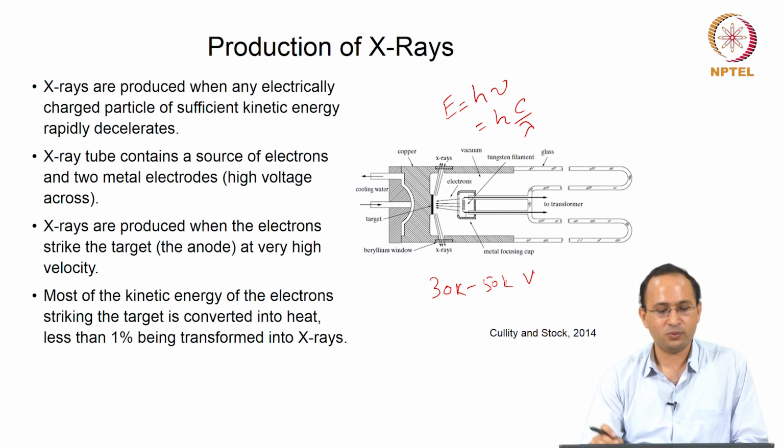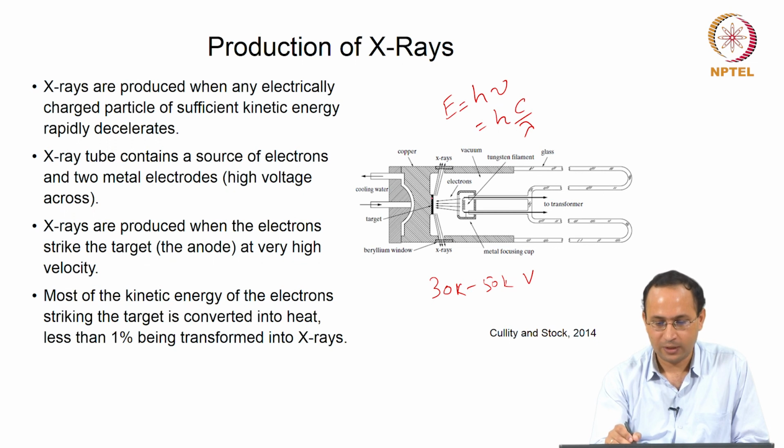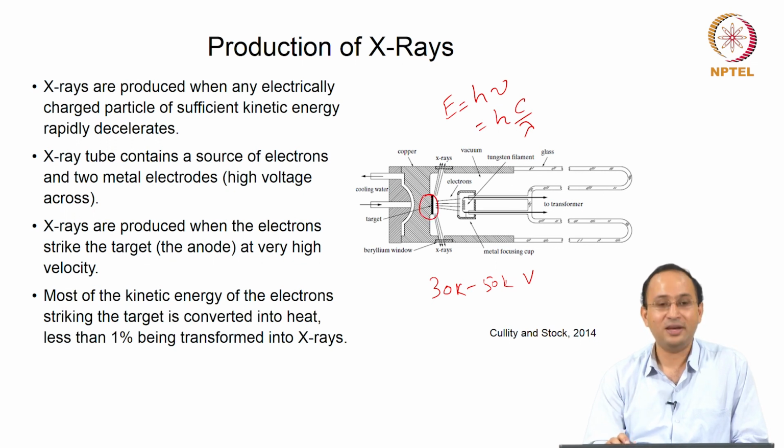X-rays are produced when the electrons strike the target, which is the anode, at very high velocity. So you are generating electrons, and there is a very high voltage, so the electrons hit the target and X-rays are produced.